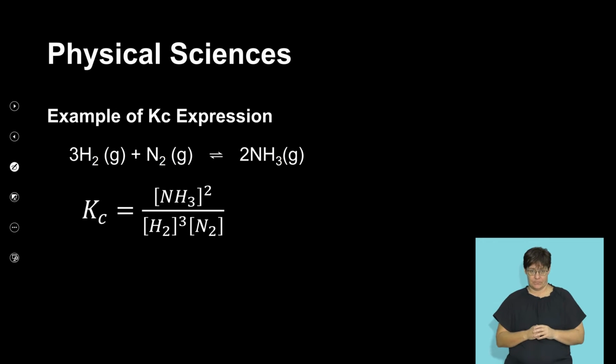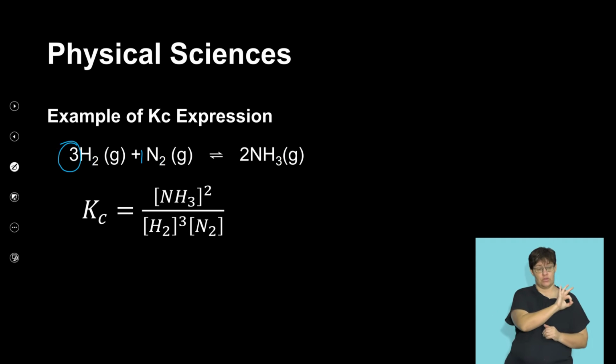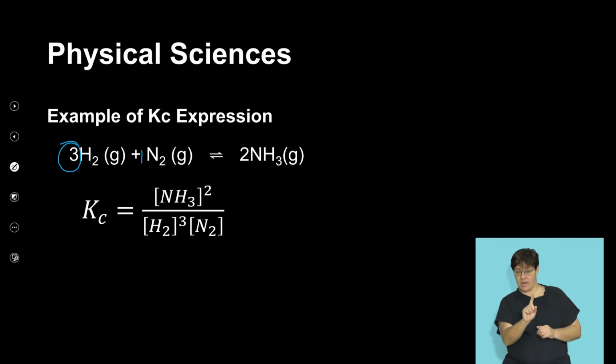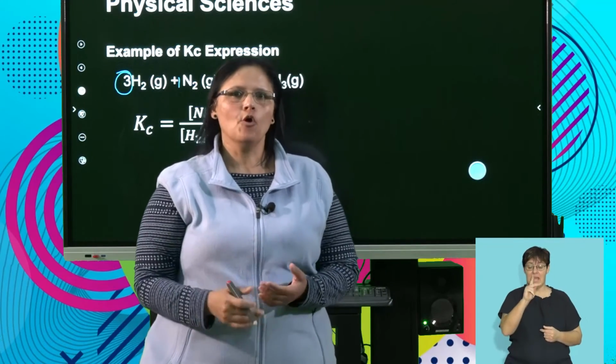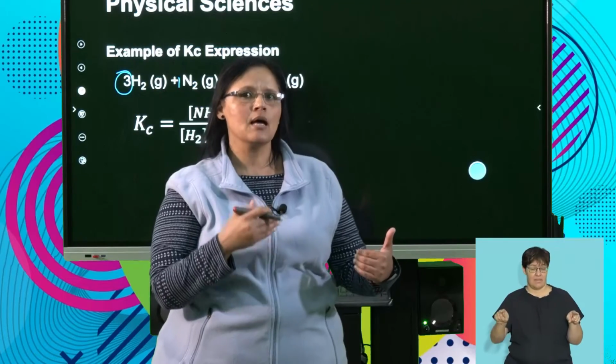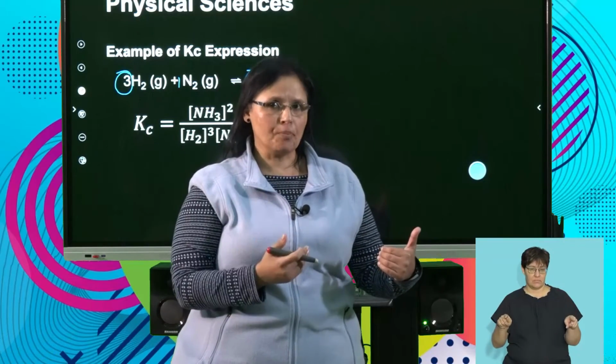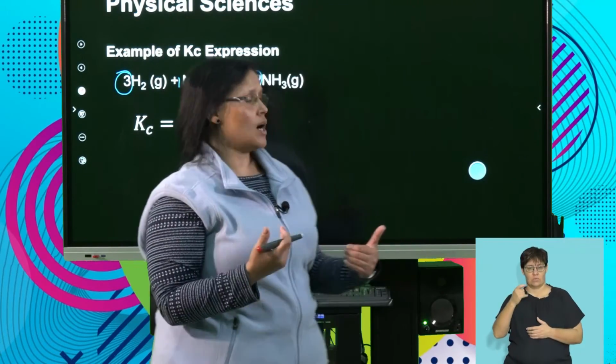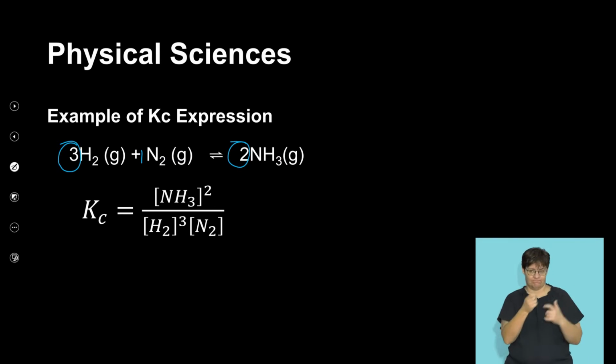Now firstly, you need to see that there's a coefficient of 3 there. There's a coefficient of 1 that we do not have to write. And we have a coefficient of 2. Now, when we do the concentrations of this in our Kc expression, we normally use the coefficients and it becomes a superscript. So in this case, we have NH3, the concentration to the power 2.